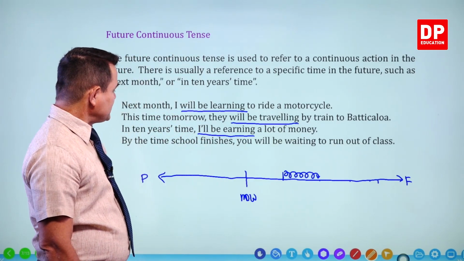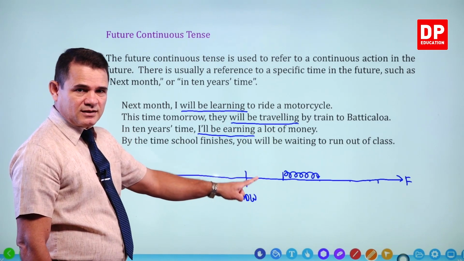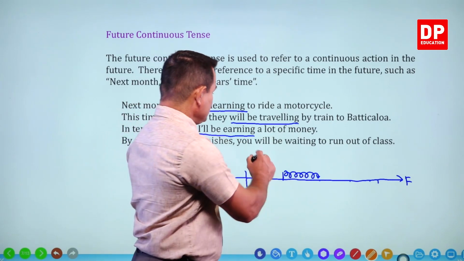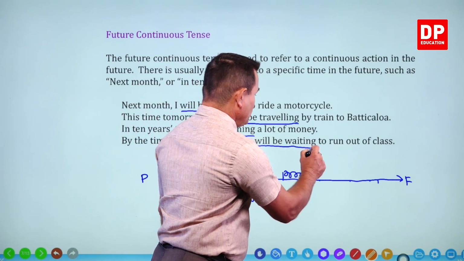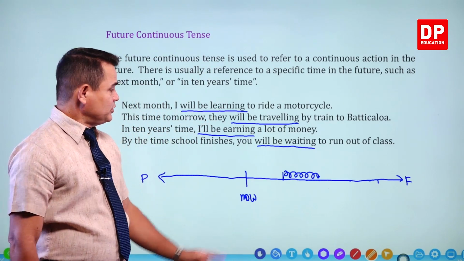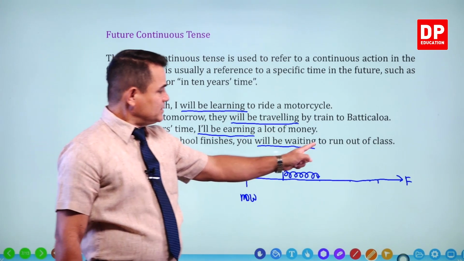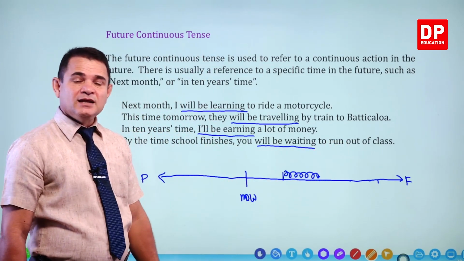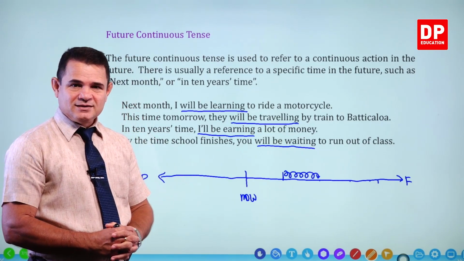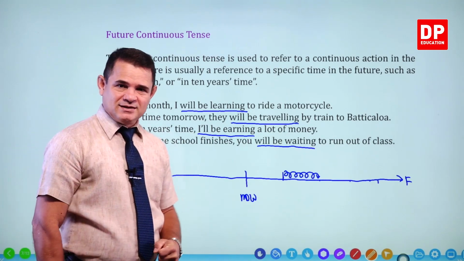And by the time school finishes, ඉස්කෝලේ අවසන් වන විට, you will be waiting to run out of school. You will be waiting, future continuous. මොනවටද? To run out of class. පන්තියෙන් එළියට දුවන්න. බලාගෙන ඉඳී. ඉස්කෝලේ ඇරෙනකොටම දුවන්න බලාගෙන ඉන්නවනේ.